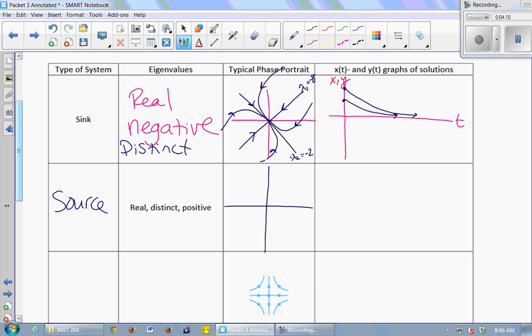So put in my random straight line solutions. Let's just say that this one is lambda 1 is 2, and this one's lambda 2 is 8. As my solutions leave the origin, they're going to leave tangent to the smaller one and end up parallel to the bigger one.